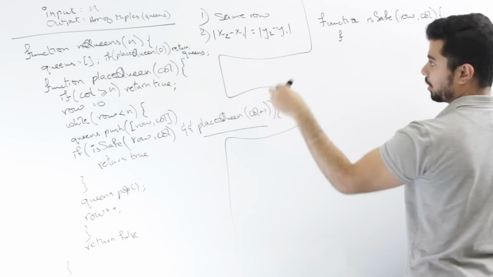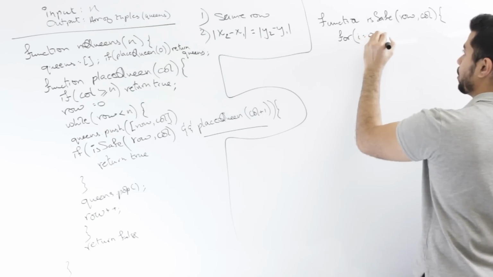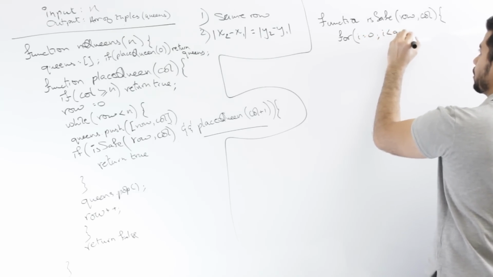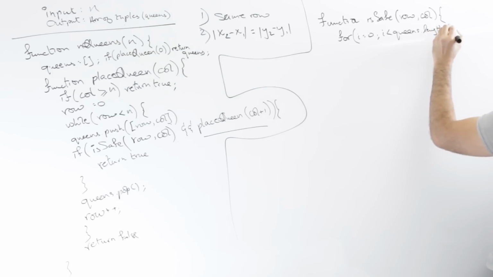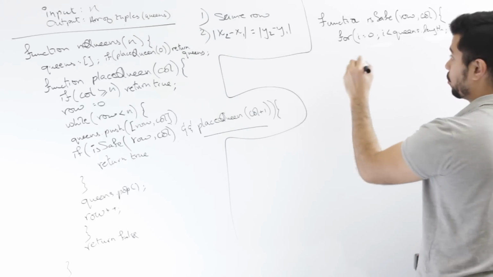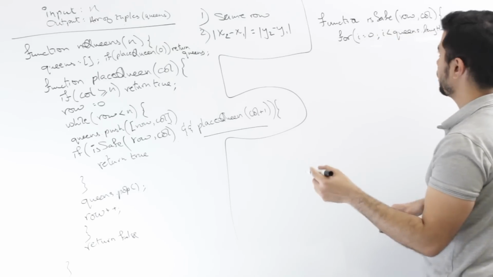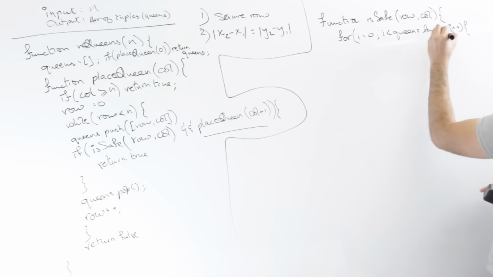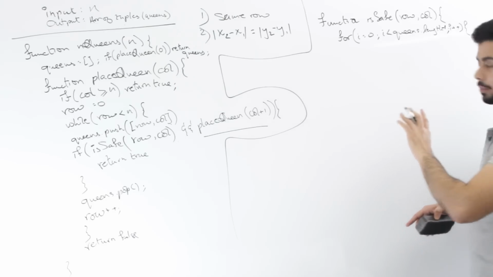for, so I'm basically iterating over the queens array. So I'll say for i equals 0, i is less than queens.length, i plus plus. The first thing I check is for the row. Actually, as to my point over there, I don't look at the last element in the array. So I should be less than queens.length minus 1, right?